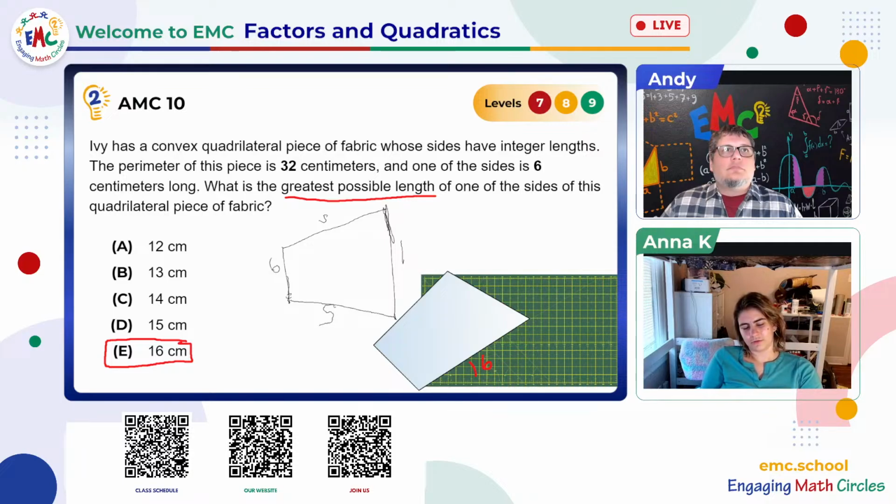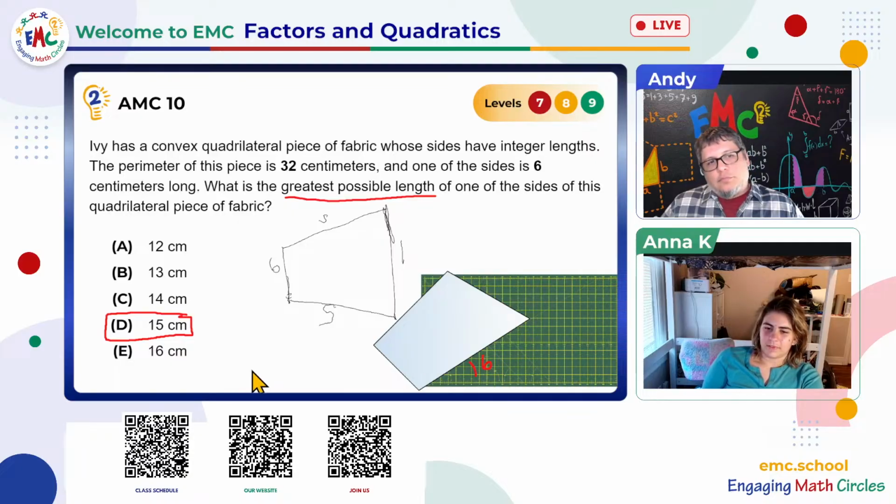15 would not make a trapezoid, but let's say it's 15. One of the sides will be 6. This is greater than 5. What am I saying?